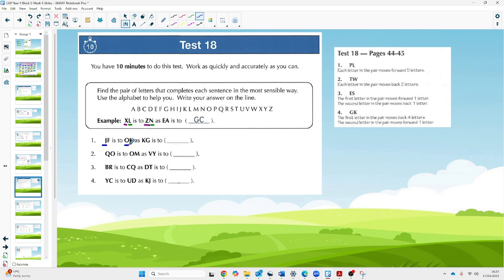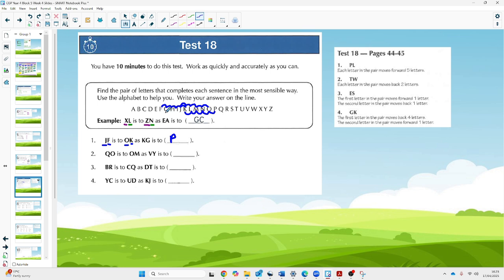So J to O, that's a jump of, let's do this on the alphabet, 1, 2, 3, 4, 5. So 5 forwards. K forward 5, 1, 2, 3, 4, 5. I get the first letter as P. Then we're going to do the second letter, F to K. F to K is 1, 2, 3, 4, 5 again.